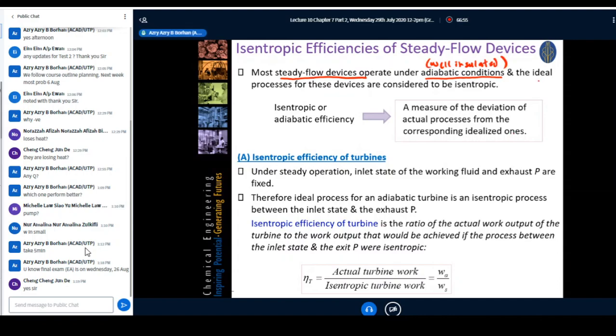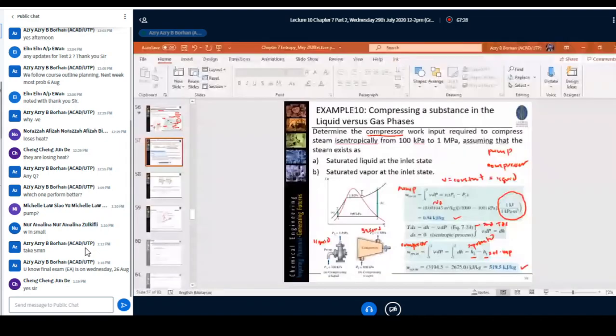And of course, the process for these devices is considered to be isentropic, meaning that there are no irreversibilities present within the control volume of these devices. So we can make use of isentropic or adiabatic efficiency, which is defined as a measure of deviation of the actual process from the corresponding idealized one.